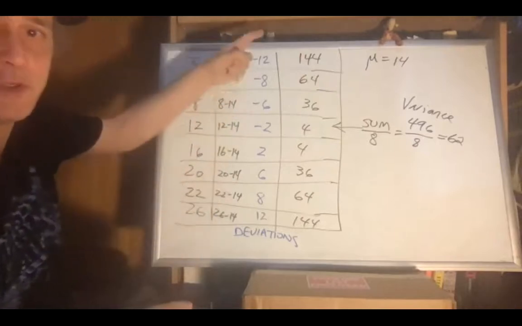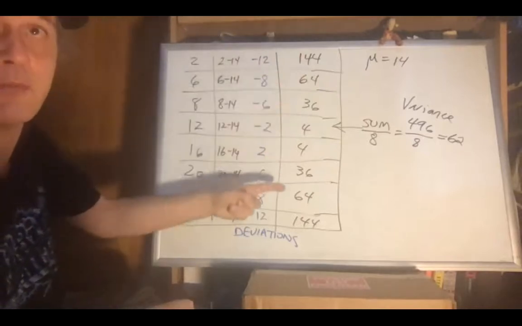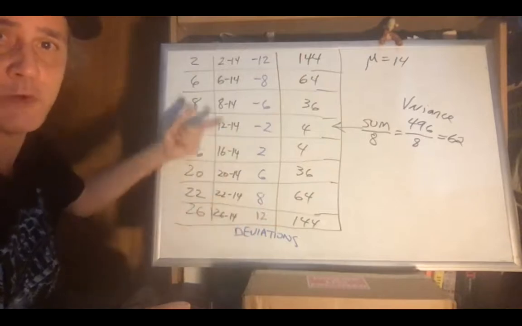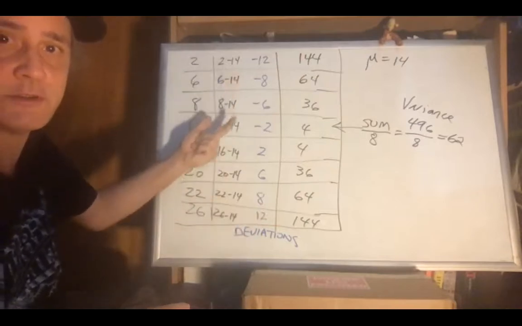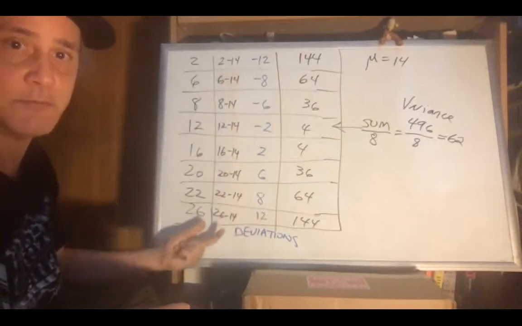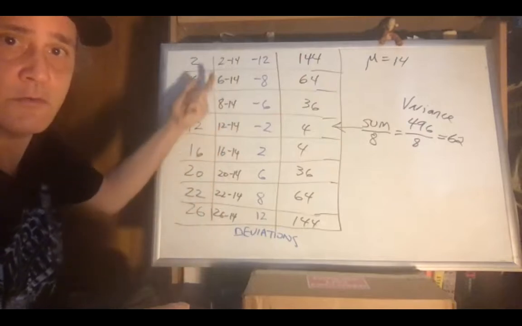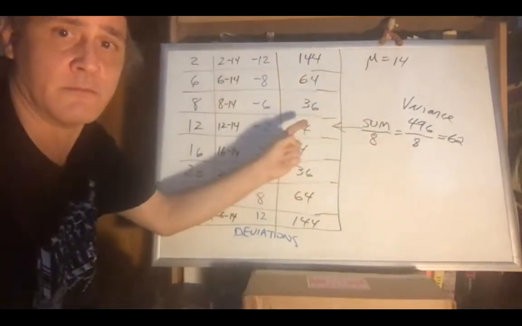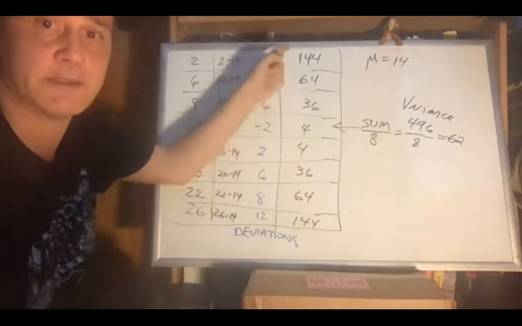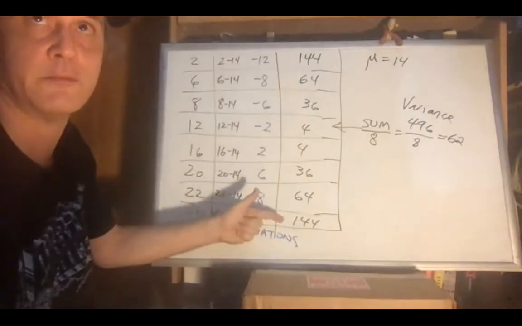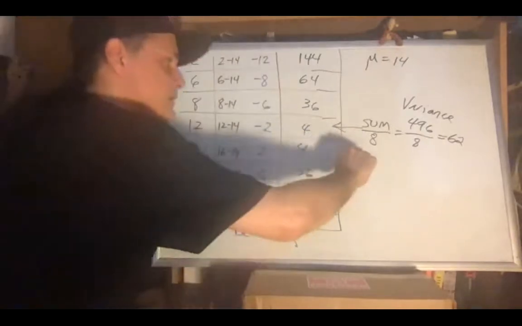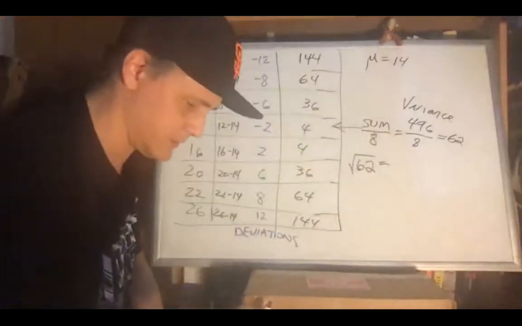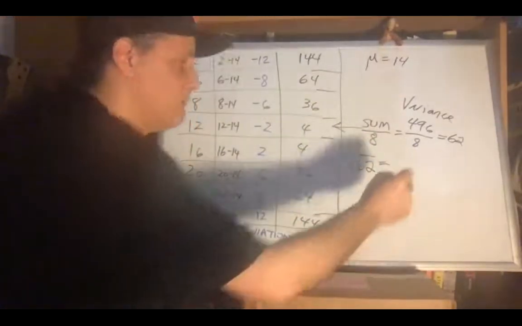Now because we squared these numbers so that we get nothing but positives, we originally wanted to represent the average deviation from the mean with the original numbers, so we compensate by taking the square root. We want to basically undo the fact that we had to square them to get positive numbers. So you get the square root of 62, which is 7.874.